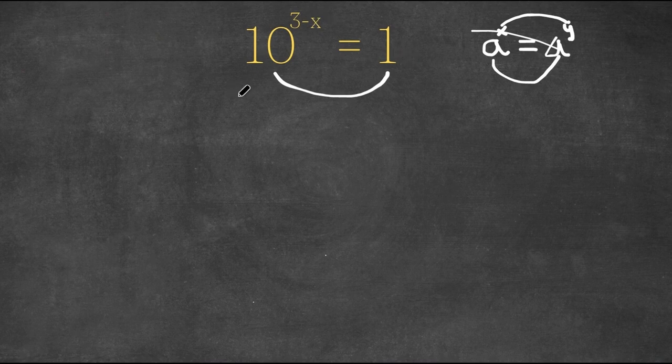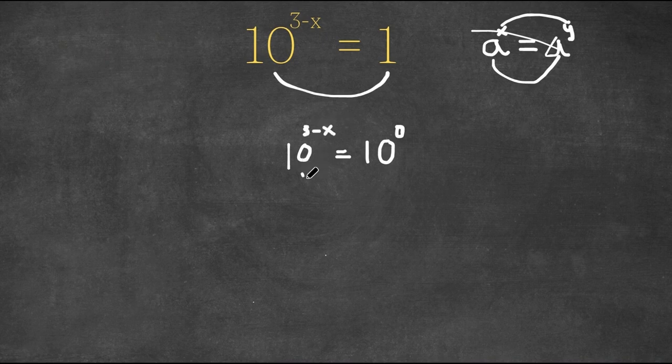Because anything to the power of 0 equals 1. So we should change 1 to 10 to the power of 0. And this still equals 10 to the power of 3 minus x.